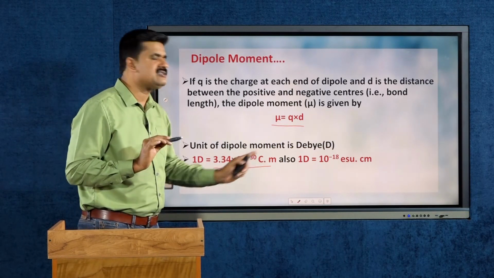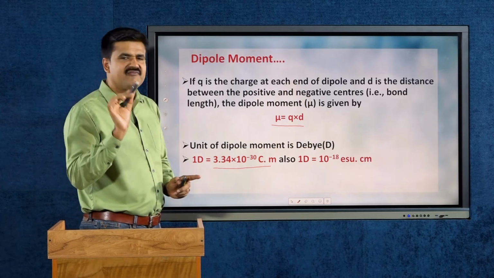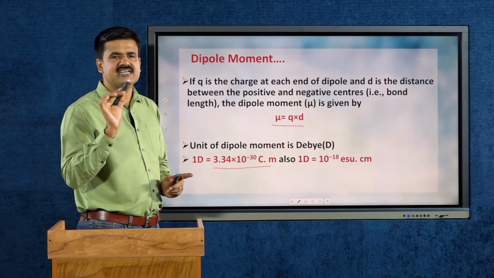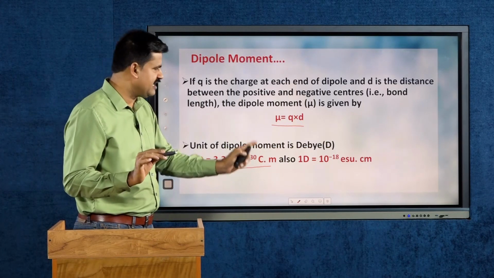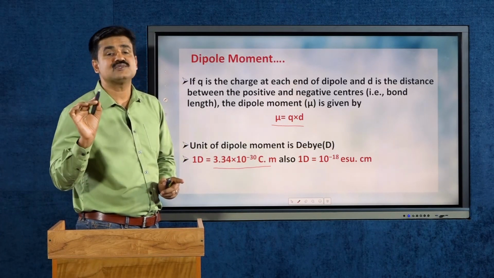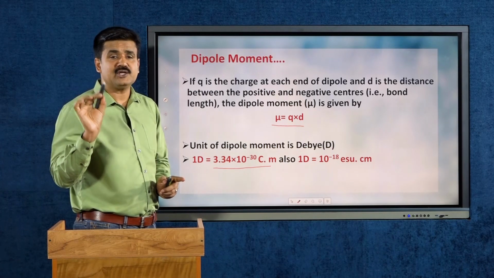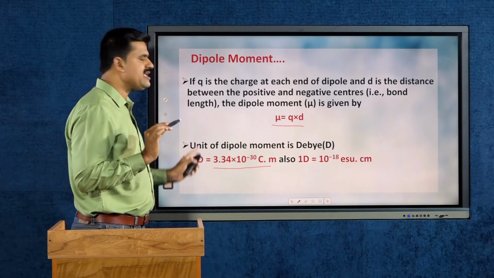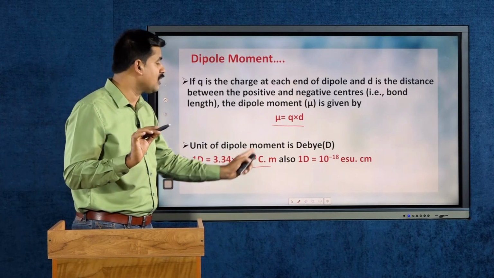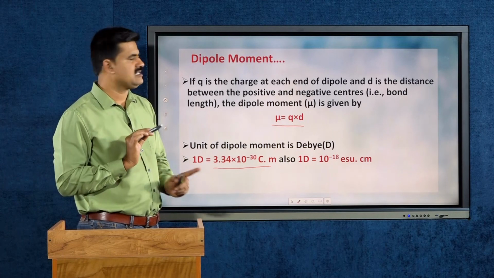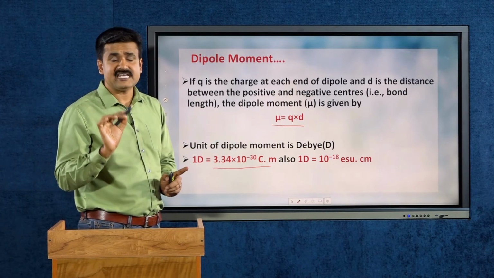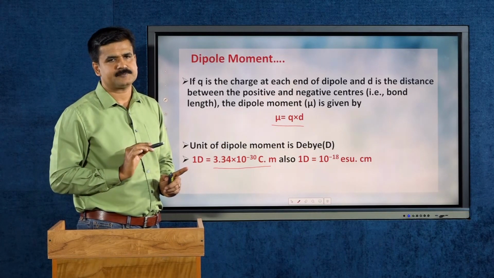The coulomb meter is in the SI system. So, whenever you are representing charge using electrostatic unit and distance by centimeter, then 1 Debye will be equal to 10 raised to minus 18 ESU centimeter. So, 1 Debye is equal to 3.34 into 10 raised to minus 30 coulomb meter, which is the SI unit, and 1 Debye is also equal to 10 raised to minus 18 electrostatic unit centimeter.